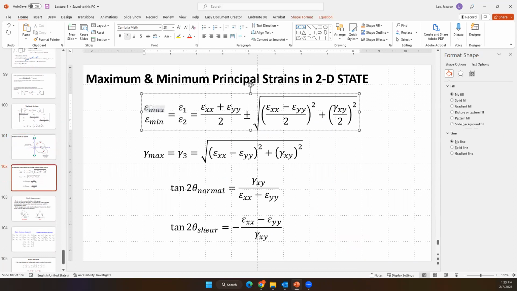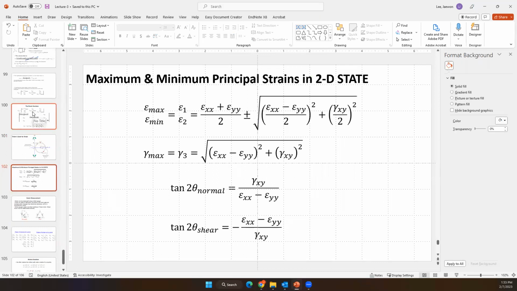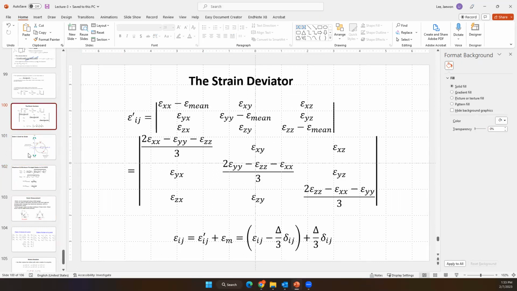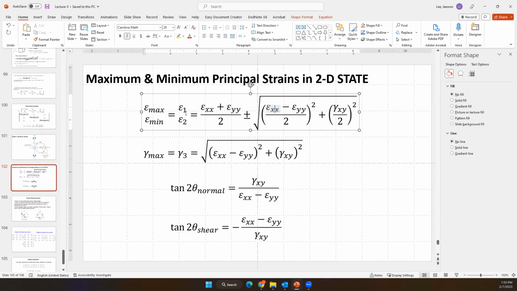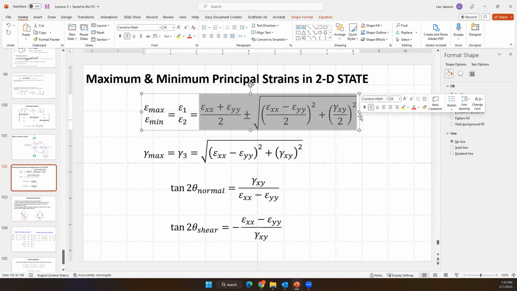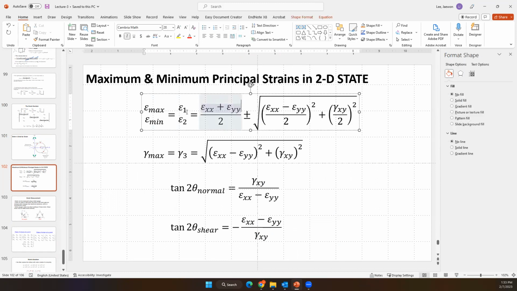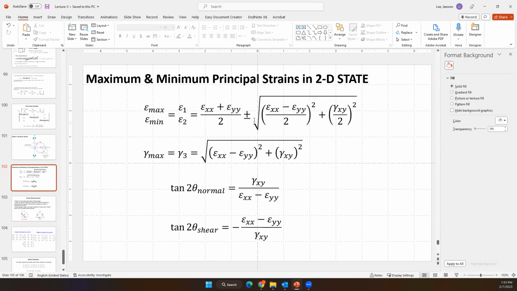So the strain max and strain min are directly related to the solution of the equation. In case of 2D, this is a second order equation, so this is the root of the equation.